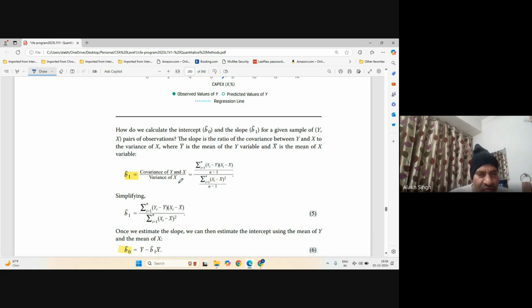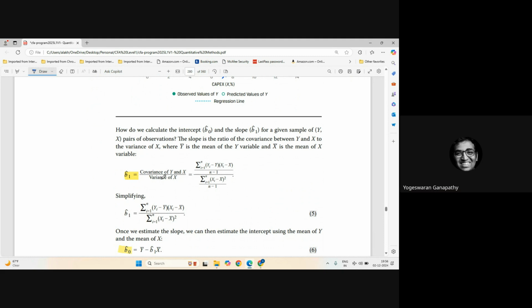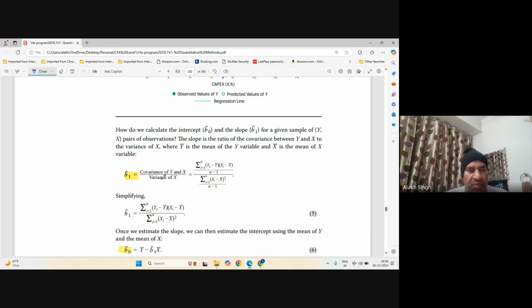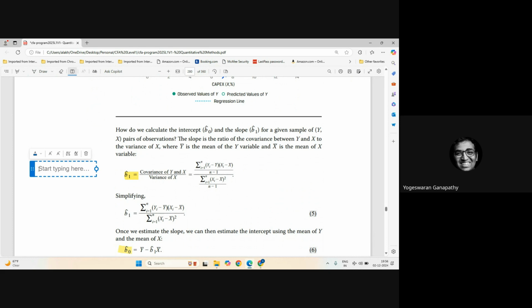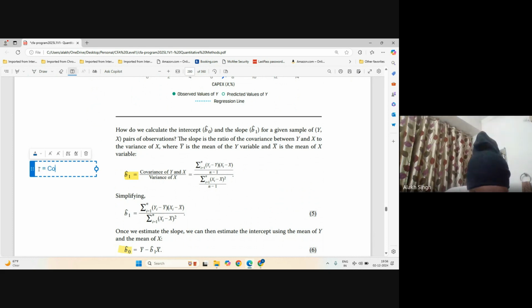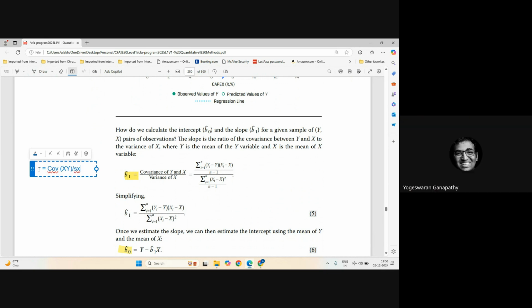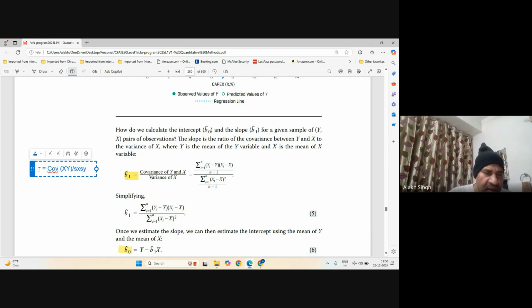Correlation R is covariance of xy divided by sigma x sigma y, and here for beta it is sigma x square.